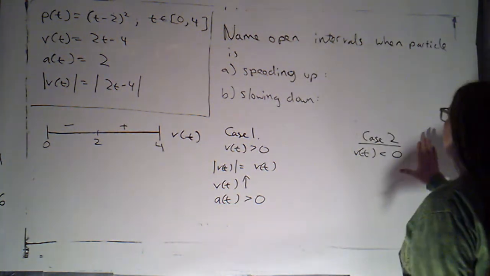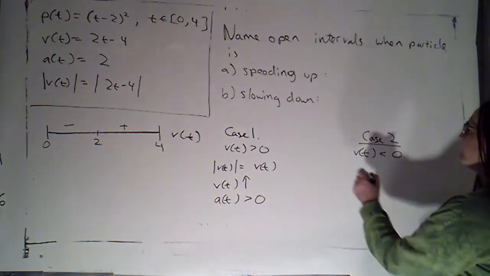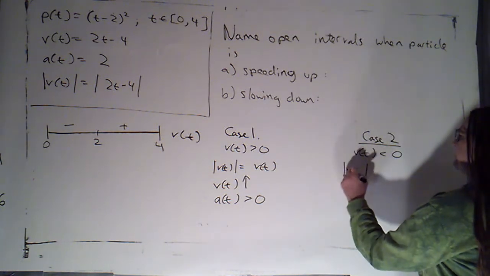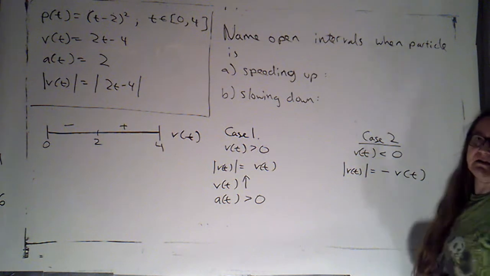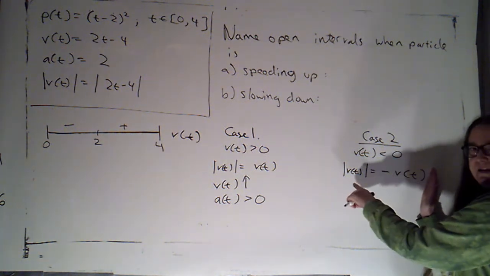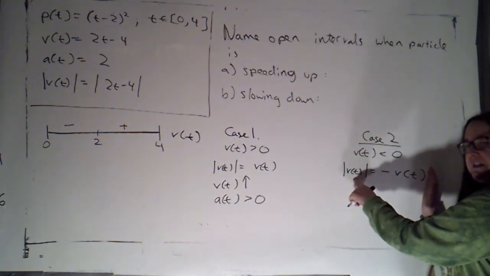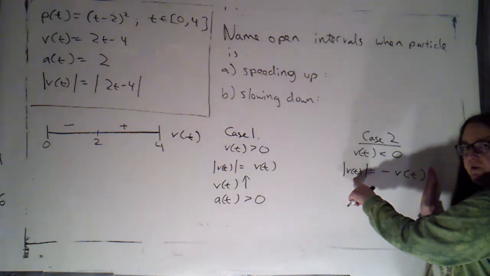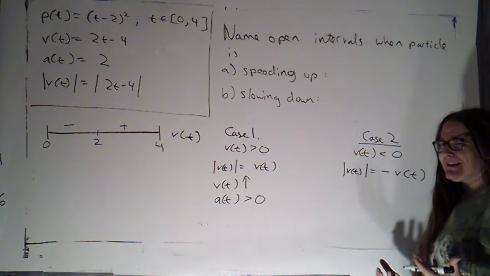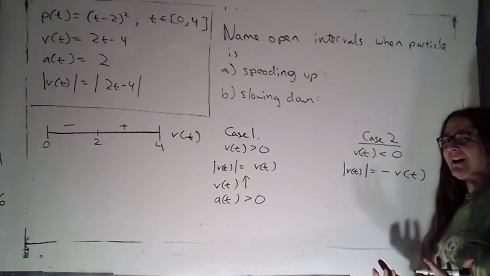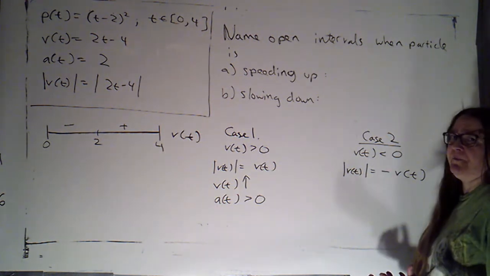Okay, but case 2, if velocity is negative, then speed is actually the opposite of velocity. So if I want the speed to be increasing, but speed is the opposite of velocity, kind of makes some sense that I maybe want the velocity to be decreasing.